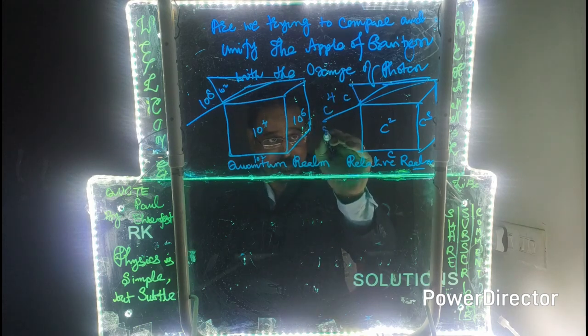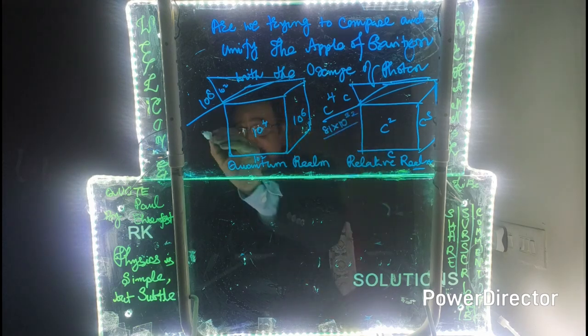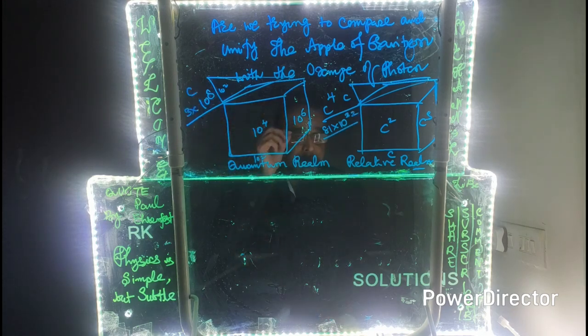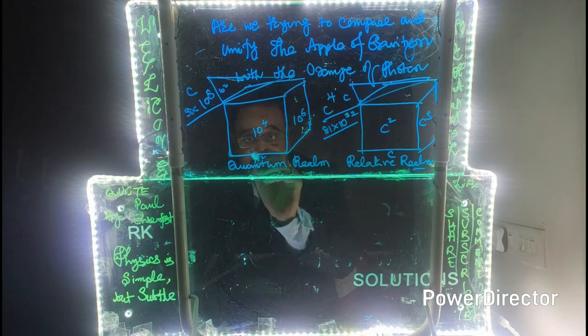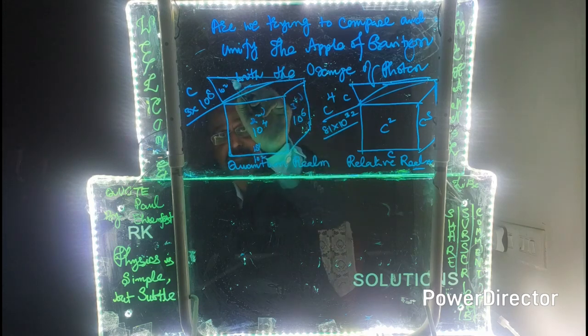This is 81 into 10 raised to 32, rather 3 into 10 raised to 8. I said this was the first dimension, the second dimension, the third dimension, and the fourth dimension. Right?